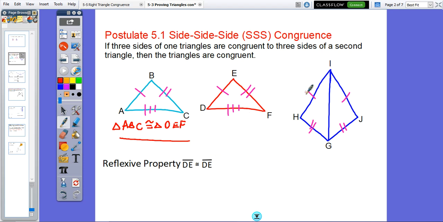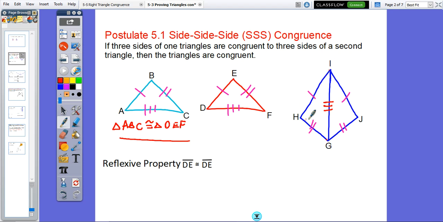On this other one, let's look at this particular one. We know that IH is congruent to IJ, and HG is congruent to JG. So we say, all right, we got two sides to two sides. Where's the third side? Well, this one right here in the middle. Anytime triangles touch completely, from tip to tip, from end to end, all the way across, then that is the congruent side.